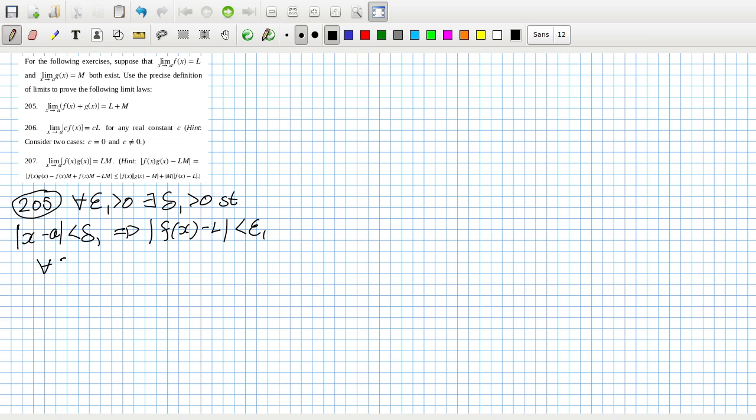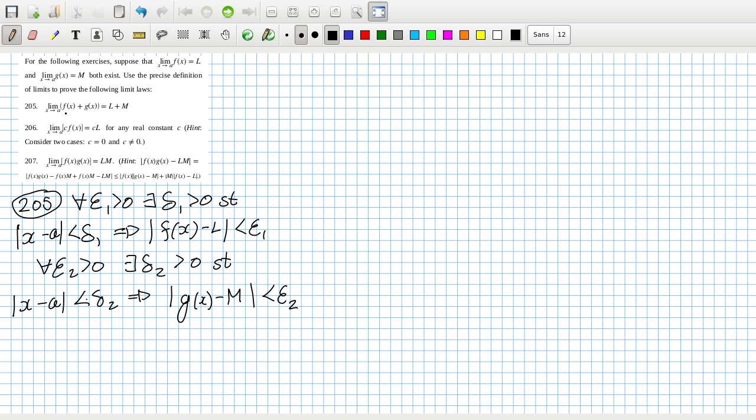And also for all epsilon 2 greater than 0, there exists delta 2 greater than 0 such that if |x minus a| is less than delta 2, then |g(x) minus m| is less than epsilon 2.